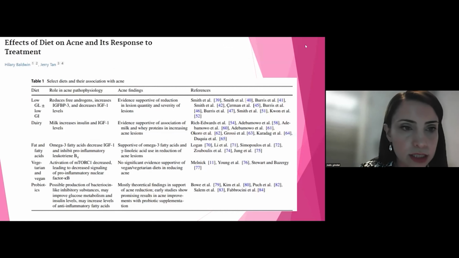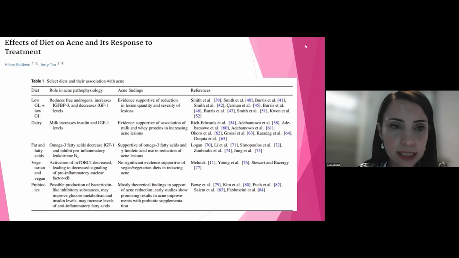And in conclusion, a low glycemic index reduces free androgens, increases IGFBP-3, and decreases IGF-1. Dairy products increase insulin and IGF-1 levels. Omega-3 fatty acids decrease IGF-1 and inhibit pro-inflammatory leukotriene B4.